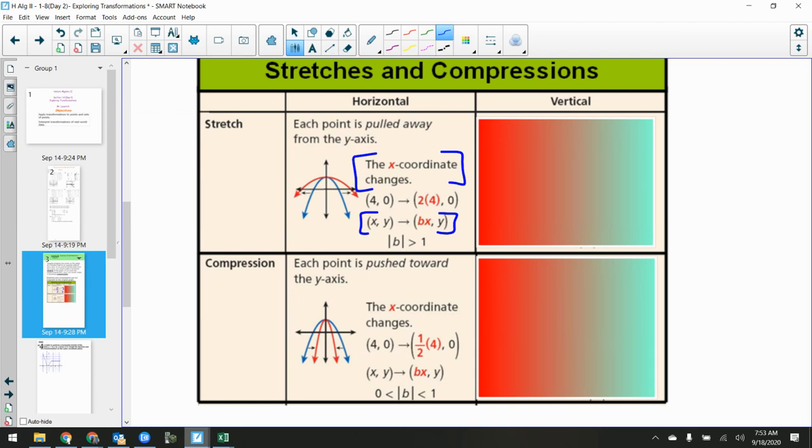The absolute value means I'm just talking about the value of the number, so don't worry about any negatives. Why don't I have to worry about negatives here? What about a compression of, like, -3? Wouldn't that make it really small? No, not necessarily. That's actually a stretch. -3 would be a stretch. What does a negative do?